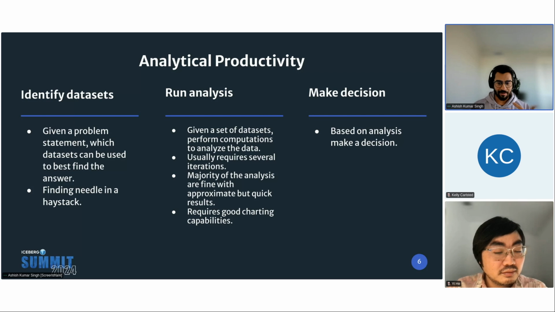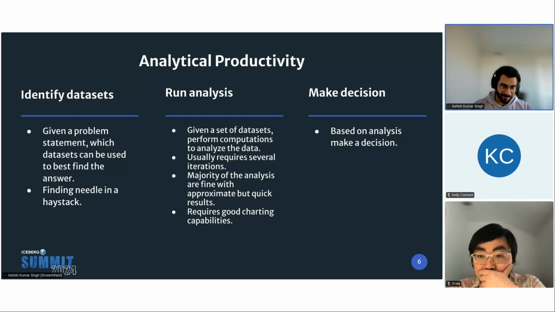Given a problem statement, we first need to figure out which data sets have the relevant information that we need to process. And depending on how many tables you have, for Pinterest we had over 400,000 tables, this is a finding a needle in the haystack problem.